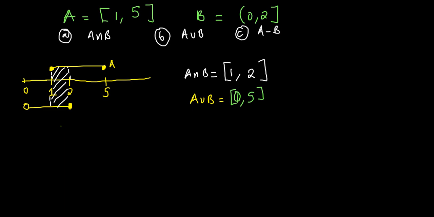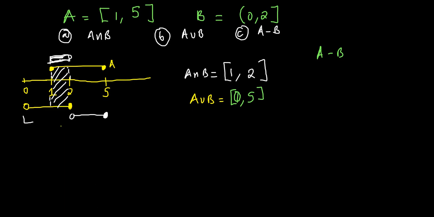Now A minus B, this is what you need to know. If you see a minus, it means that you want what is in A but not in B. So A minus B should be in A but not in B. If you look at this is A, so you want those elements that are in A but not in B. Can you see that from 2 up to 5 the elements are in A but they are not in B, because what is in A and is also in B is these ones here.